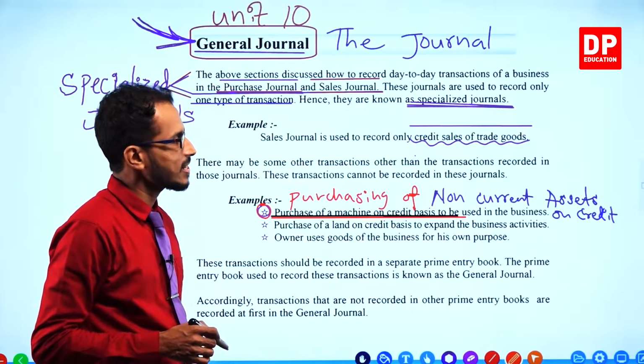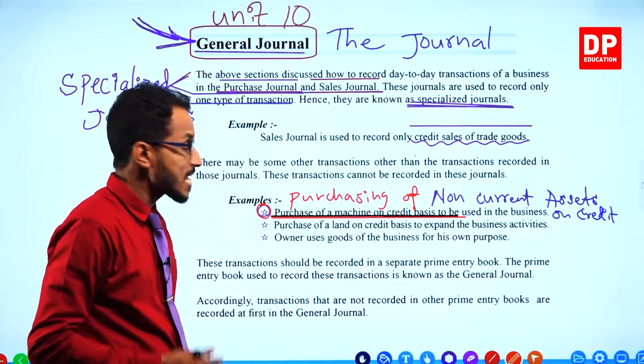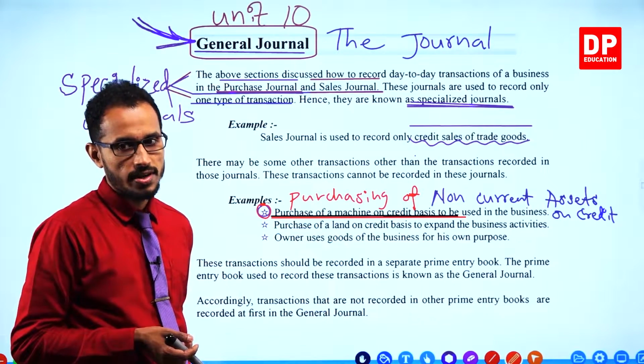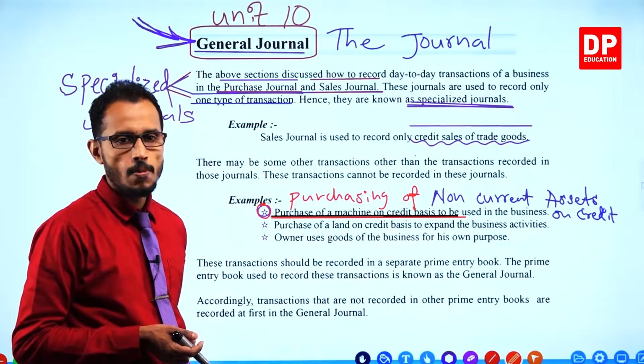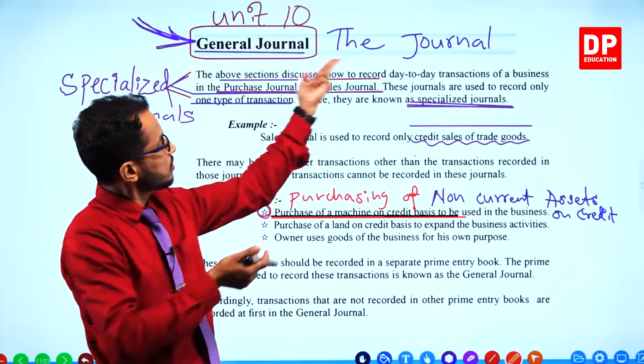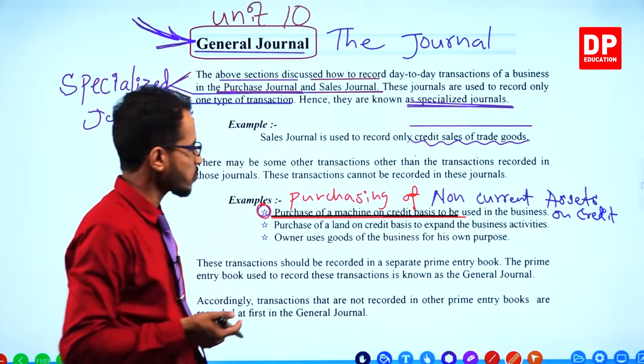Purchasing of non-current assets on credit. Selling of non-current assets on credit. Those transactions are also entered in the general journal. Selling of non-current assets on credit.